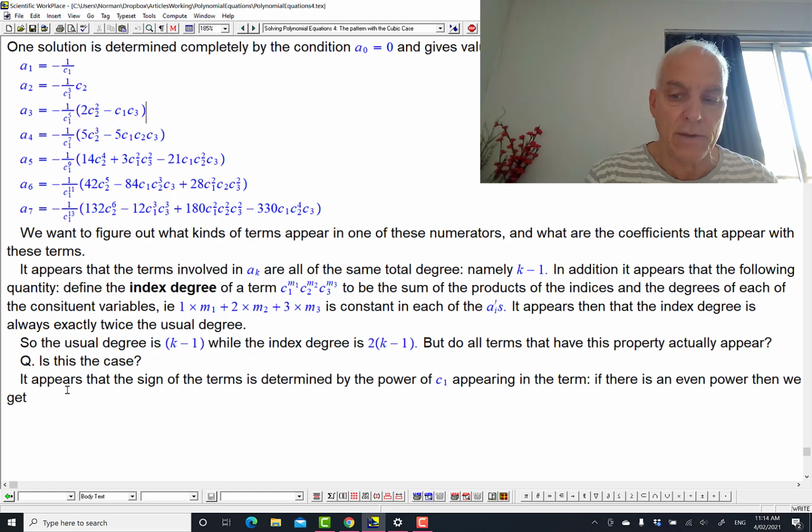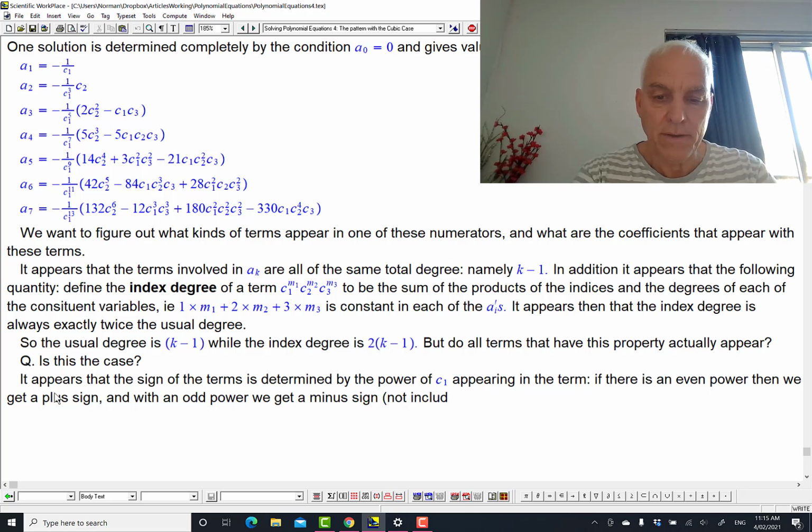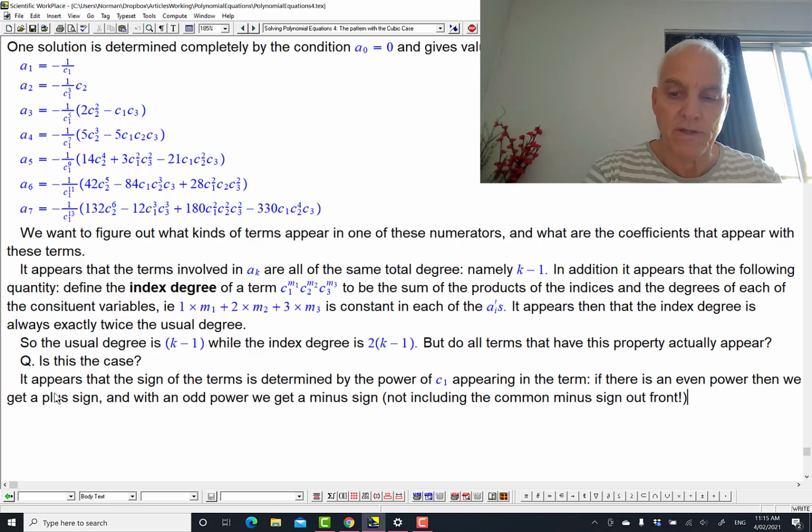It looks like we get a plus sign, and with an odd power, we get a minus sign. So this is not including the common minus sign out front. Okay, just so we don't get confused.